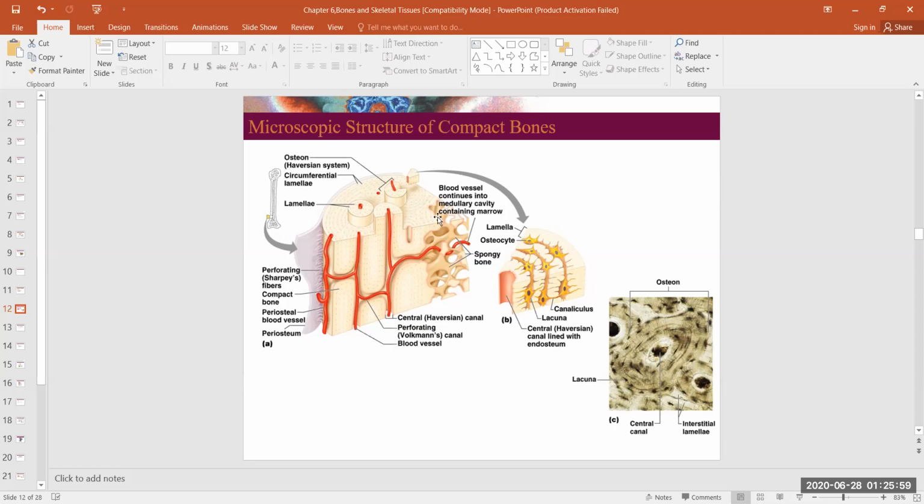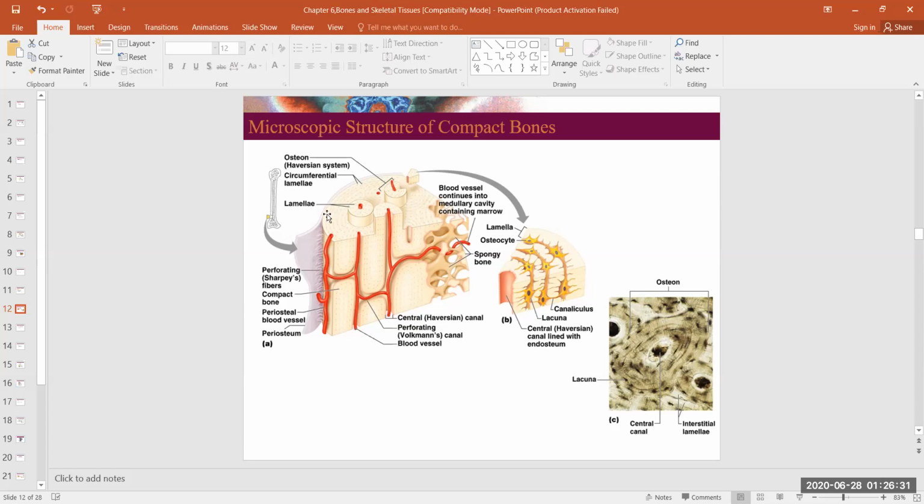From here, everything is compact bone. Are you following me? And I told you earlier, this compact bone is made up of a unit of bone called the osteon. You see here, osteon. This is one osteon. Here is another osteon. Here is another osteon. And outside the osteons, there is a layer of matrix called lamella, which goes around the circumference of the bone.